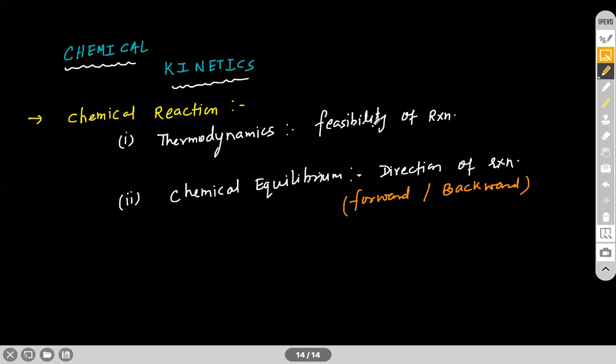Feasibility of reaction means, like I said, under a given set of conditions, whether a reaction is feasible or not. And what is the condition for the feasibility of a reaction? Delta G is less than 0. So these two things we have already understood: feasibility and direction of reaction.